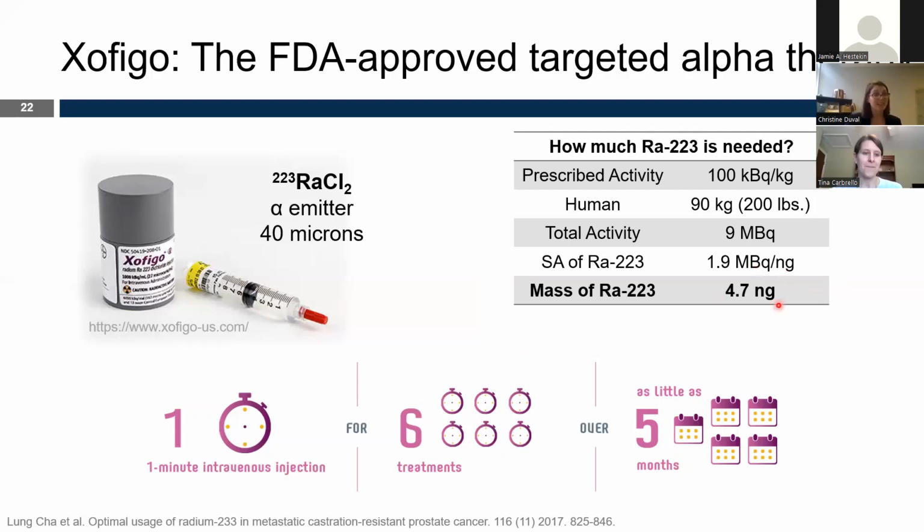But at the end of the day, right, each injection of this Xofigo drug is only about 5 nanograms of material, right? So we're going to start talking about purification and scaling up, but just want to put it in perspective, we're not talking about millions of gallons per day like we would in commodity water treatment. But here we're going to be talking about recovering the needle in the haystack from relatively small batches of these specialty radiopharmaceuticals.